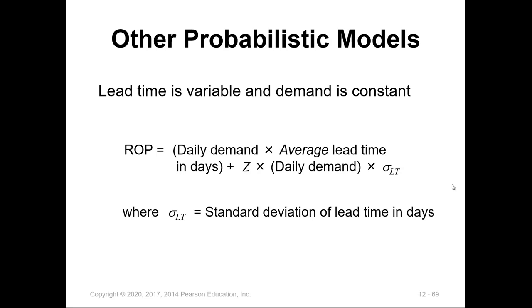The lead time is variable and demand is constant. The reorder point at that point will be daily demand multiplied by the average lead time in days plus Z multiplied by the daily demand multiplied by sigma LT, where sigma LT is the standard deviation of lead time in days.